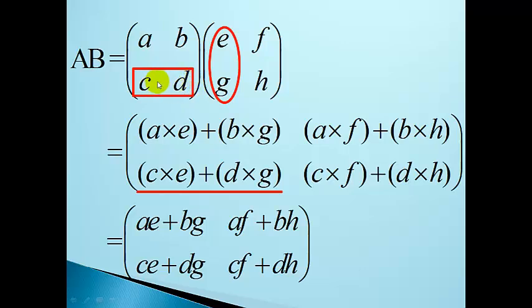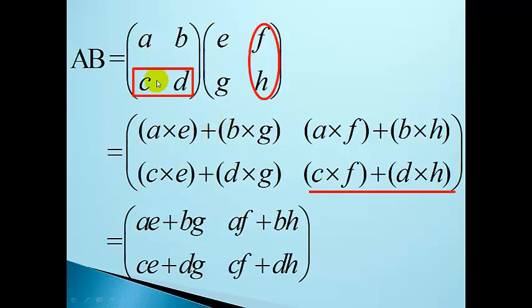So the second row multiplies the first column. So we have c times e plus d times g. Leave a space. Now the same second row multiplies the second column. And so we have c times f plus d times h.